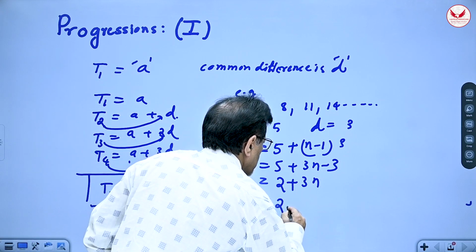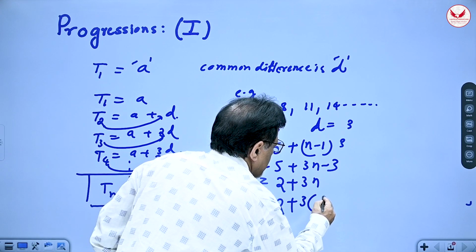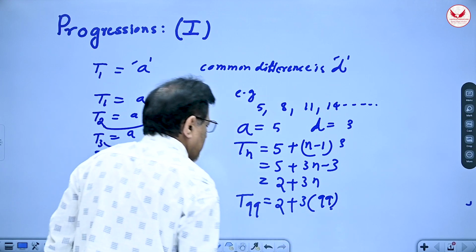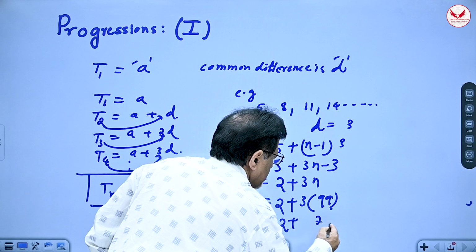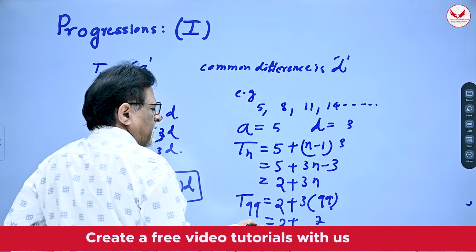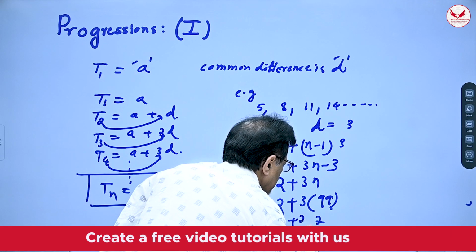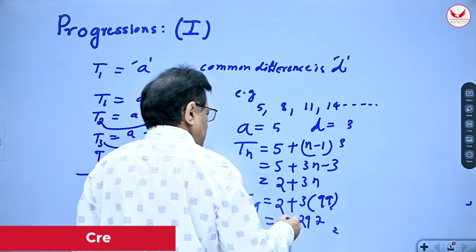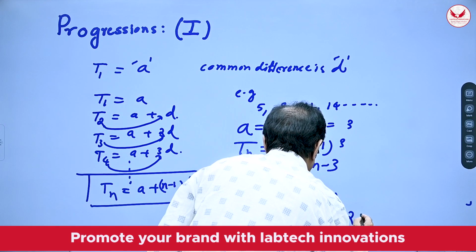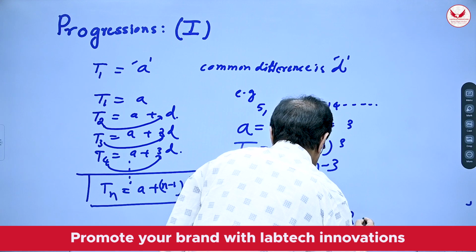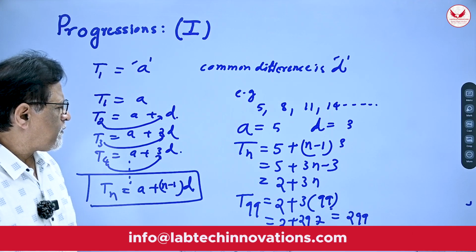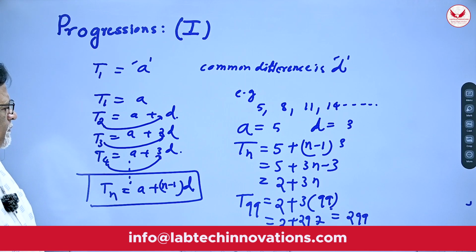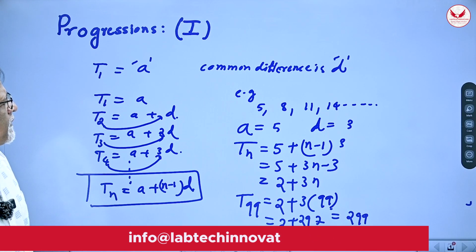It is 2 plus 3 times, you just replace n by 99 and you'll get the 99th term. So it is 2 plus 297, which is equal to 299, correct? So the answer is going to be 299. That will be the 99th term of the progression.